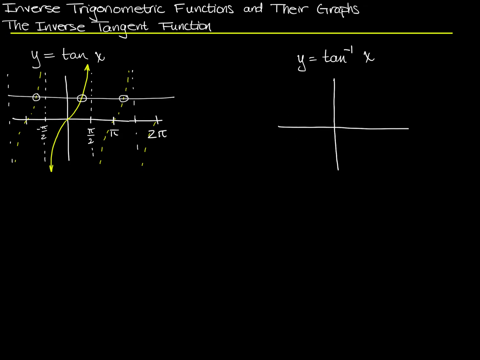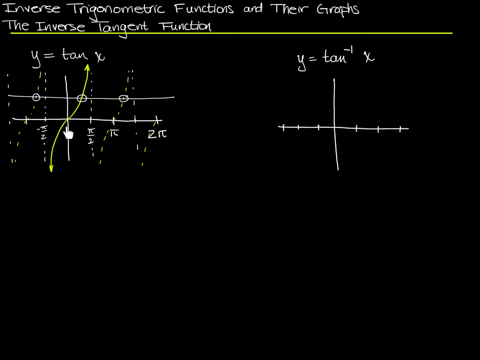Now, because the roles of x and y reverse when you are dealing with an inverse, I'm going to label my x-axis. Actually, I don't think I'm going to bother to label my x-axis. I'll put a couple of tick marks in here because I see the y values here go from negative infinity to positive infinity. So when I graph my inverse, the x values are going to go from negative infinity to positive infinity.